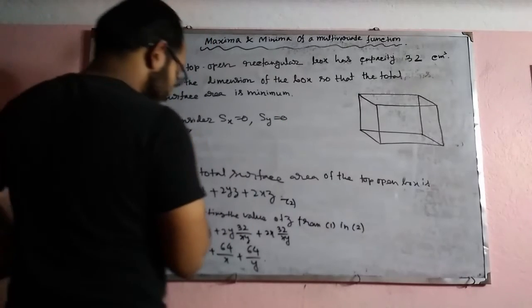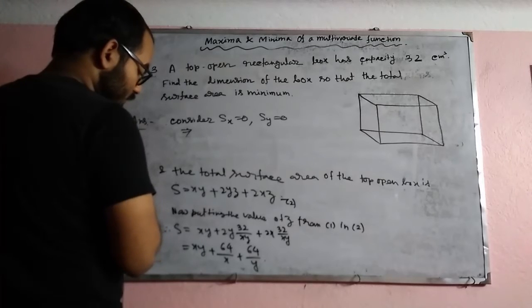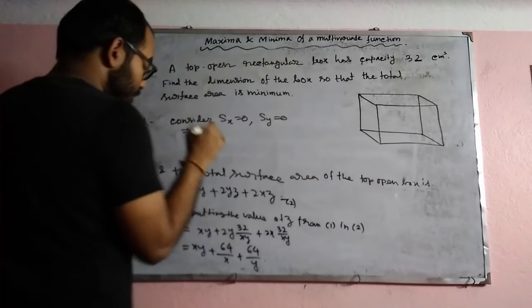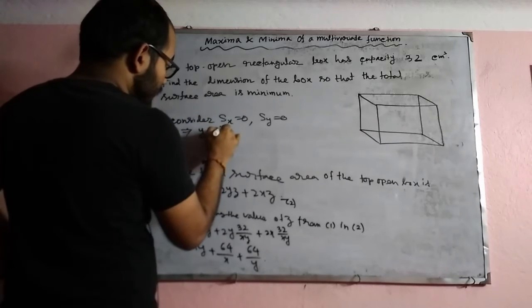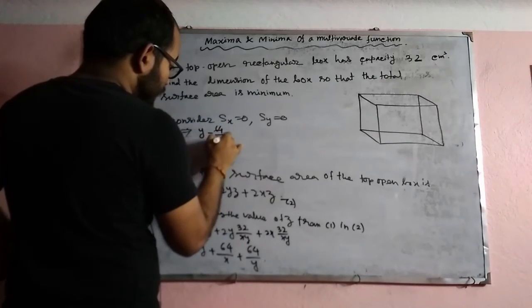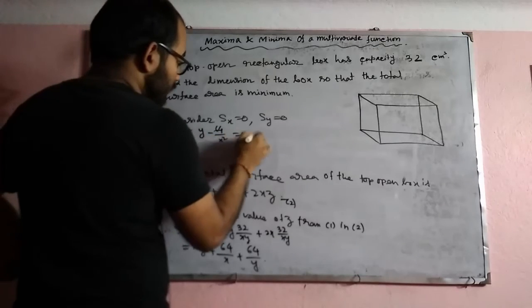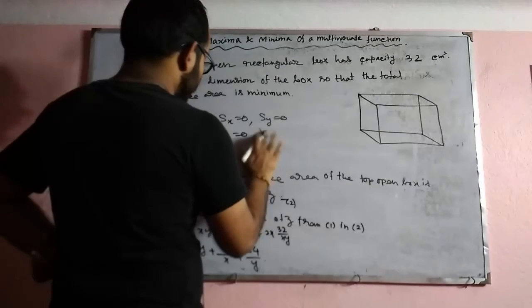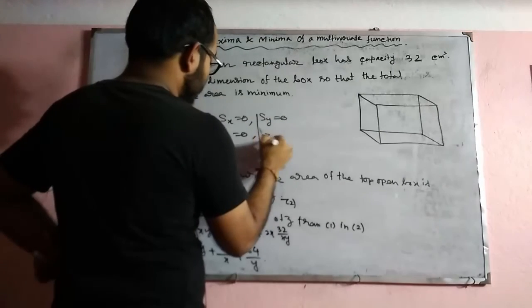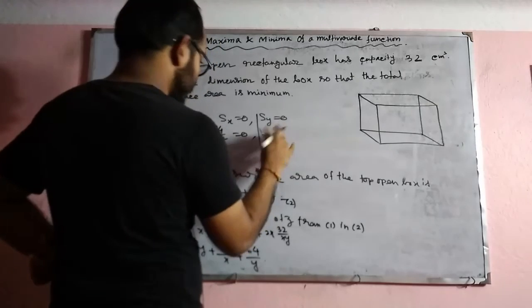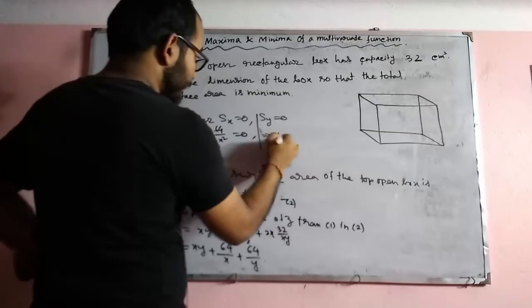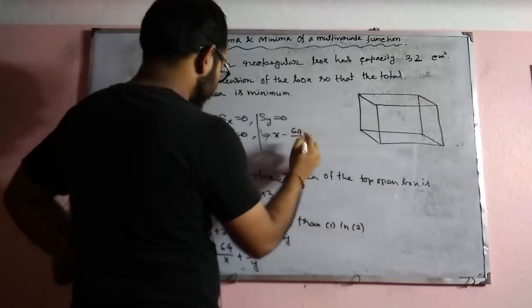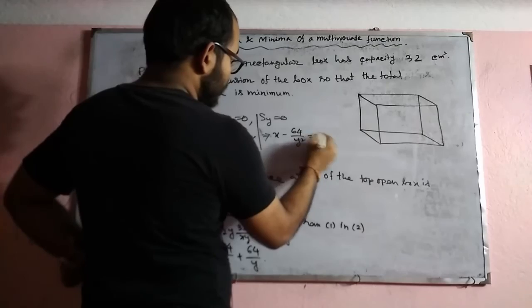What is S_x? S_x is y minus 64 by x square is equal to 0. What is S_y? S_y is x minus 64 by y square is equal to 0.